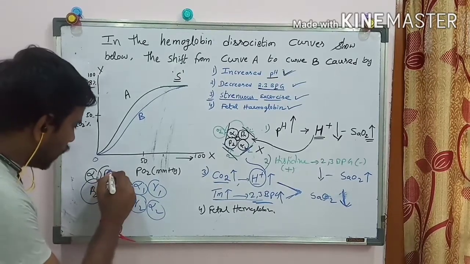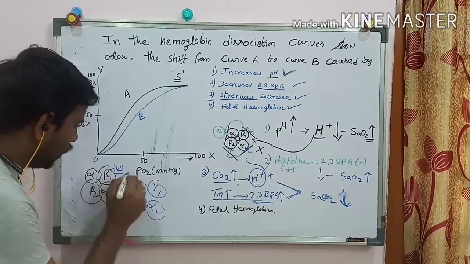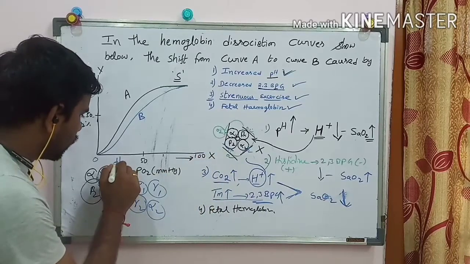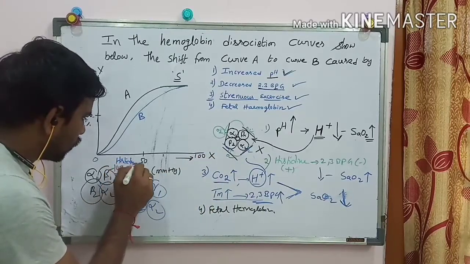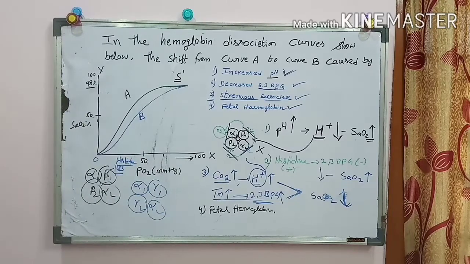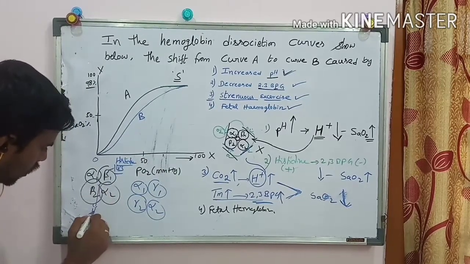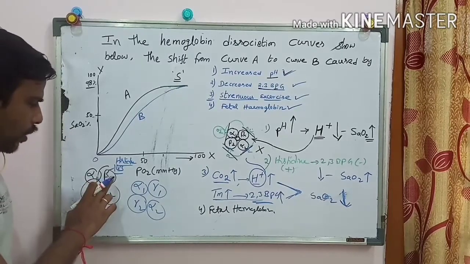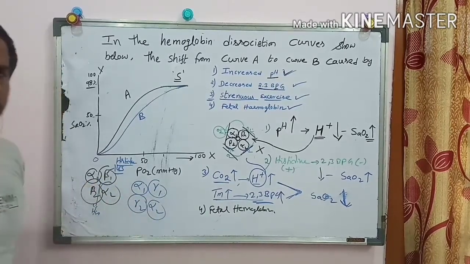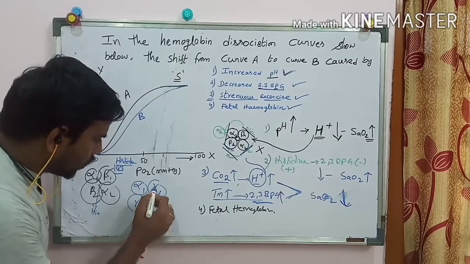As we know, in the beta subunit, at amino acid 143, as I told here, there is histidine, a positive amino acid. But here, beta subunits are absent in fetal hemoglobin. So what is present? Gamma.